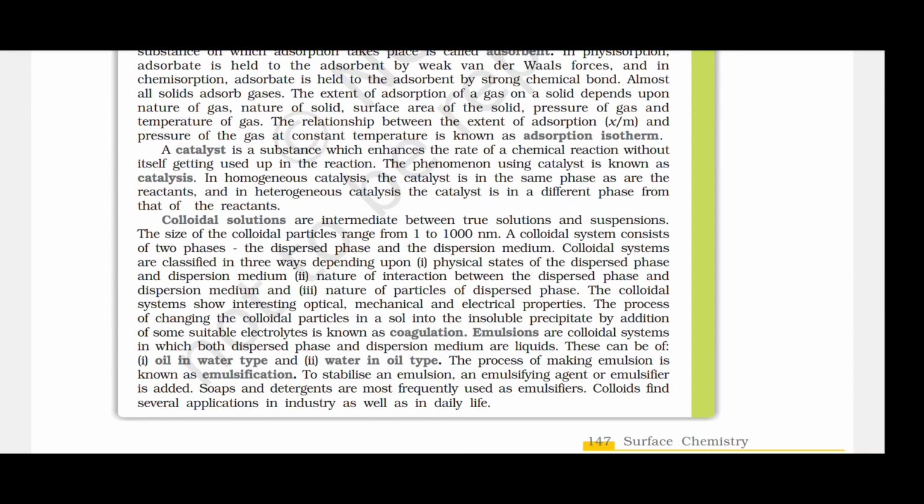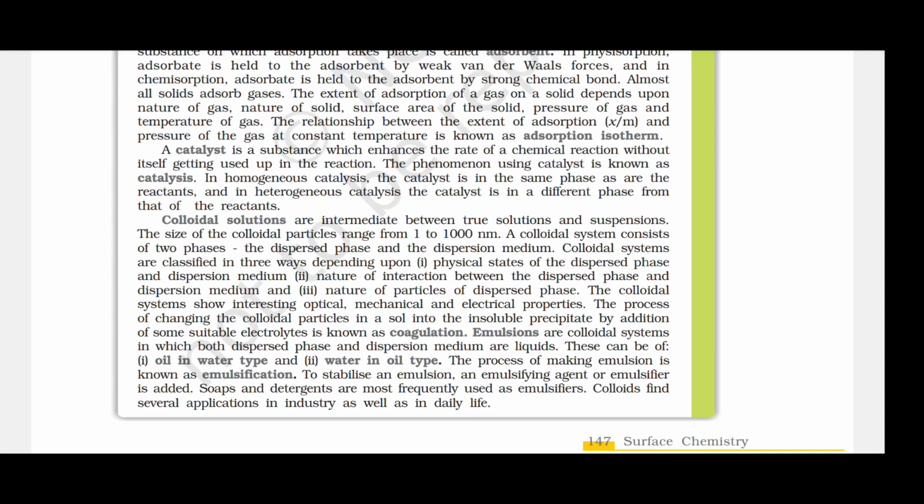A colloidal system consists of two phases, the dispersed phase and the dispersion medium. Colloidal systems are classified in three ways, depending upon first, physical states of the dispersed phase and dispersion medium; second, nature of interaction between the dispersed phase and the dispersion medium; and third, nature of particles of dispersed phase.